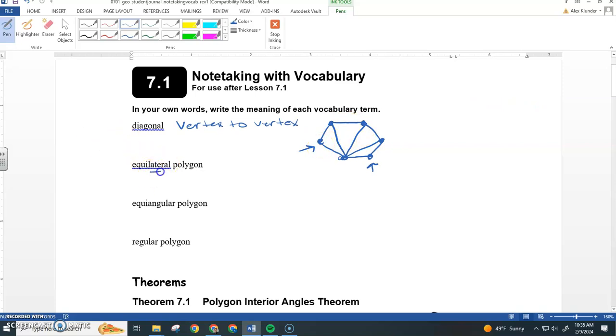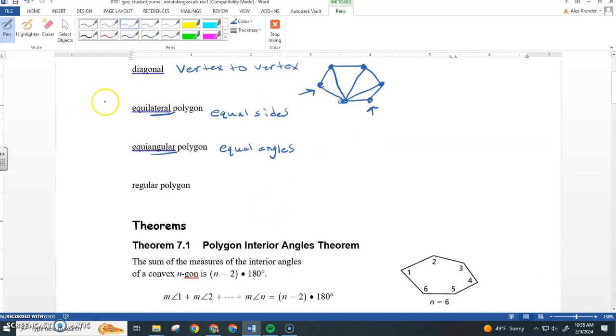Remember, anytime we see this word equilateral, that means equal sides. And when we see equal angular, that means equal angles. So all the angles are equal, all the sides are equal. And then a regular polygon is both of the above.